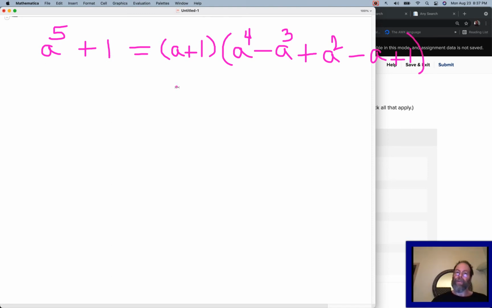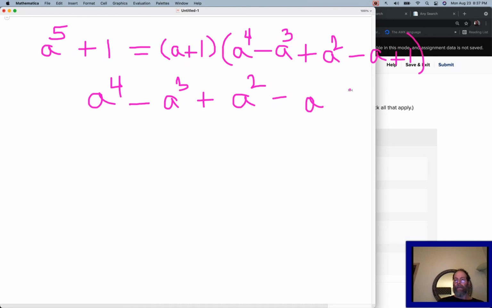Okay, let's do a little high school algebra, okay? So we can do a to the power 4 minus a to the power 3 plus a to the power 2 minus a plus 1 multiplied by a plus 1.